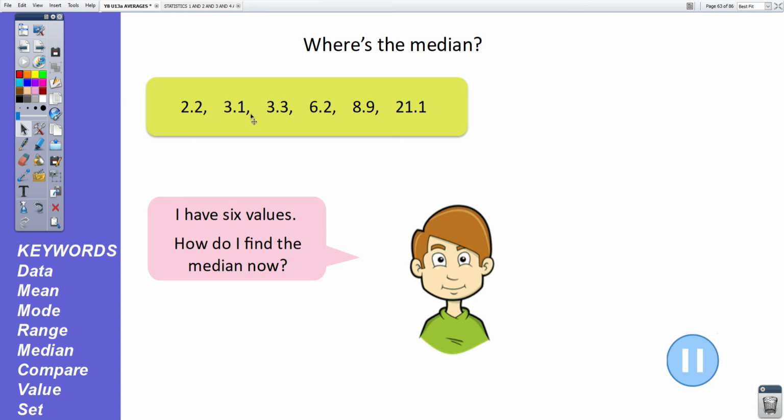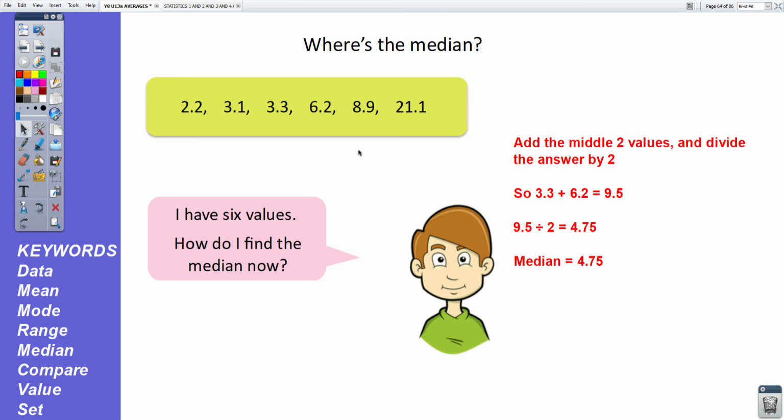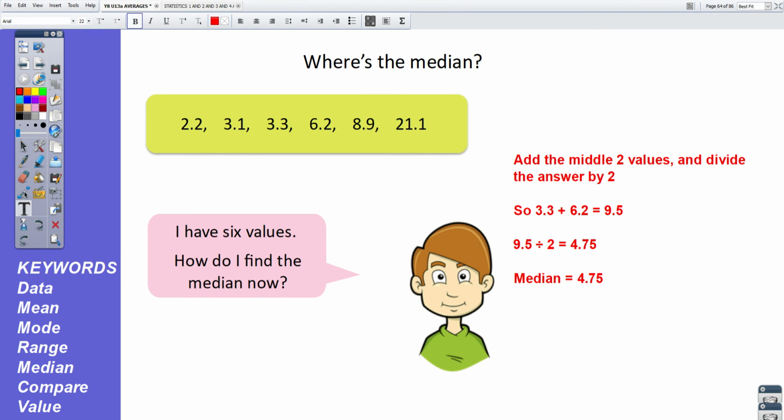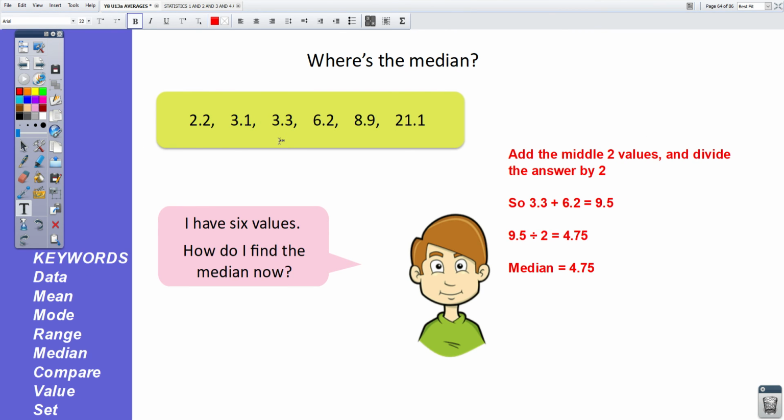Okay, let's have a look and see what you've done. Well, when you've got an even number of data values, what you have to do is look at the middle 2 data values, which here are 3.3 and 6.2, add them together, which gives you 9.5, and then divide that by 2 to get the median. 9.5 divided by 2 is 4.75.